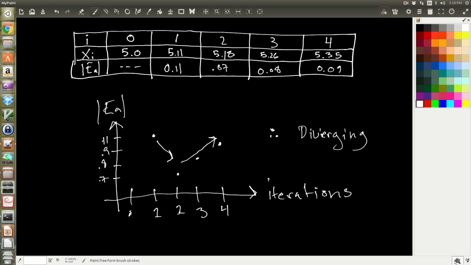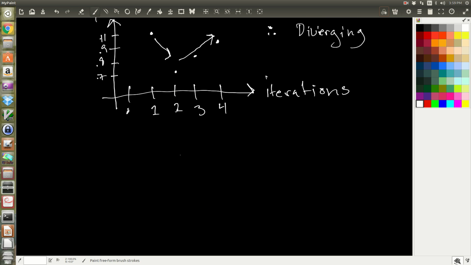All right. Another thing that we could measure instead of the approximate error or the relative approximate error is we could just check the function itself, the absolute value of the function.